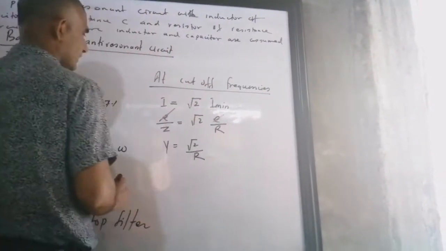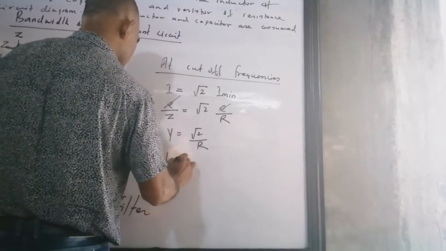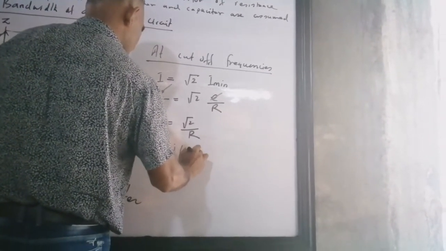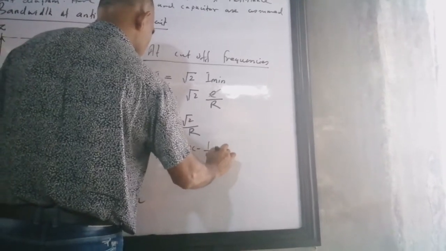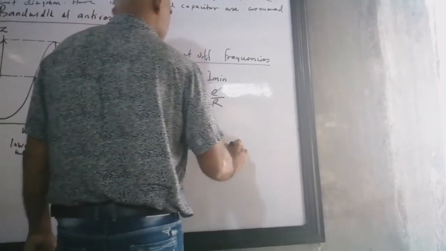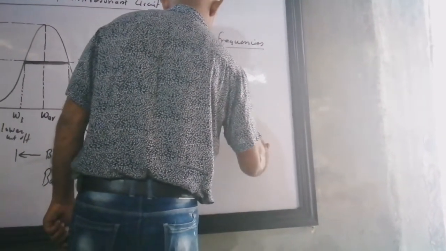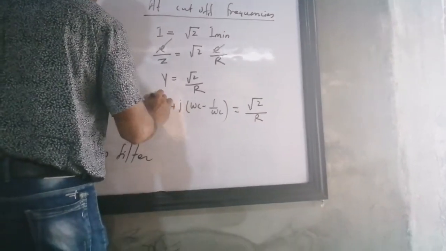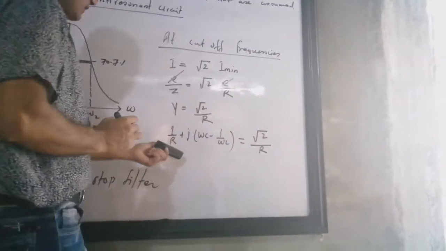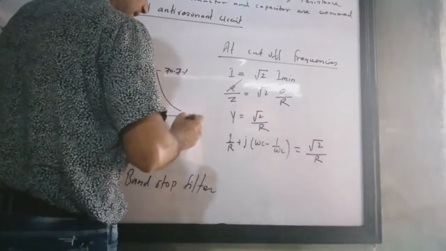And the admittance relation we had derived was 1 by R plus j omega C minus 1 by omega L. This was our admittance, and so this admittance becomes root 2 upon R. This is a complex quantity and we are concerned with its magnitude, so let's find it.